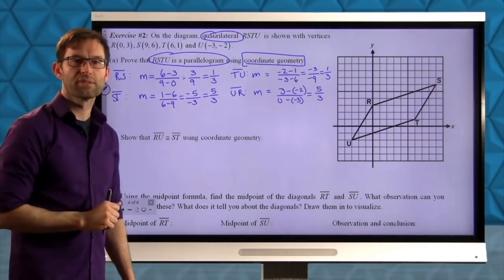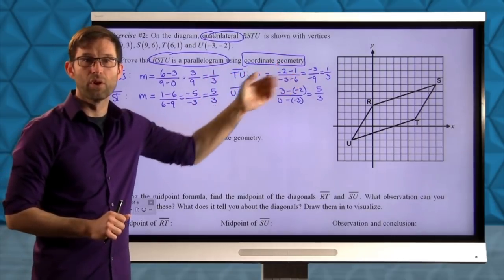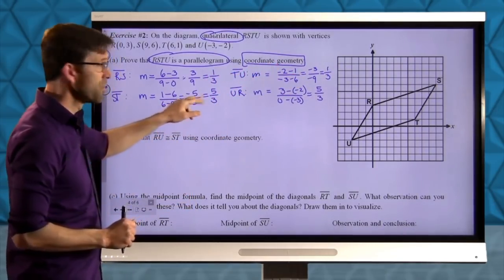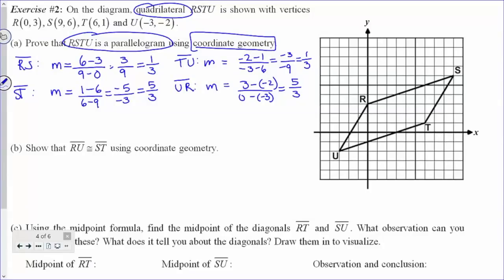Now take a look at this. I've got RS with a slope of 1/3, and I've got TU with a slope of 1/3. I've got ST with a slope of 5/3, and UR with a slope of 5/3. So I can now say that RS is parallel to TU, and I can say that ST is parallel to UR.